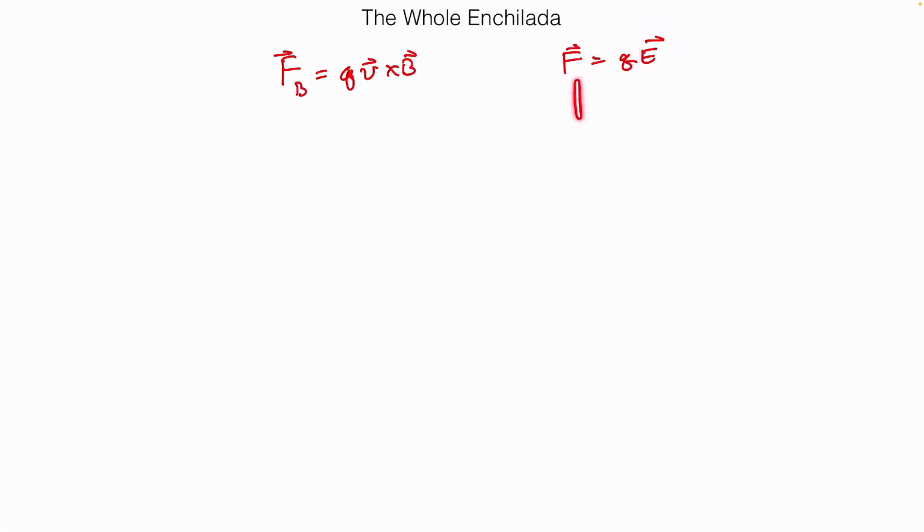The direction of the force on a positive charge is equal to what? The direction of the electric field. So if I have an electric field that's pointing to the right, and I drop a positive charge in there, what direction will the force be? To the right. The electric force follows the direction of the electric field for a positive charge.